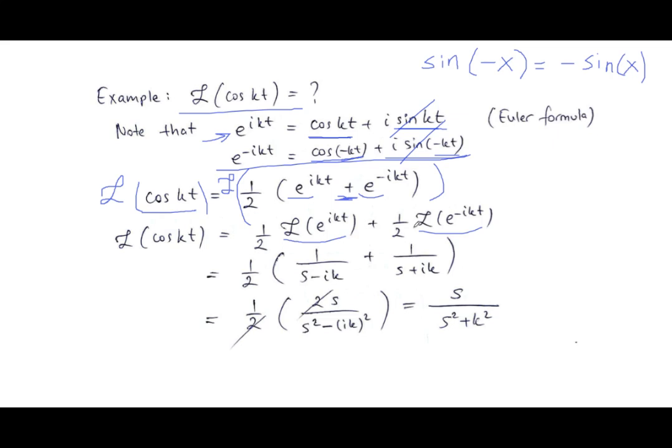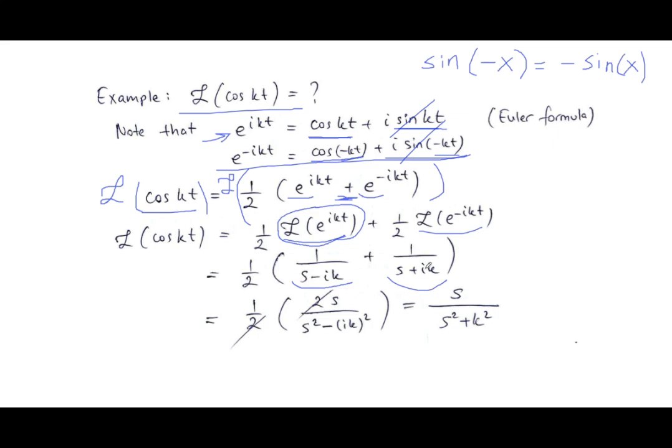Again, the good news is we have already calculated the Laplace transform for an exponential function. So in that formula, instead of k, we substitute i times k. That gives us 1 over s minus ik, and for this one, we have 1 over s plus ik.